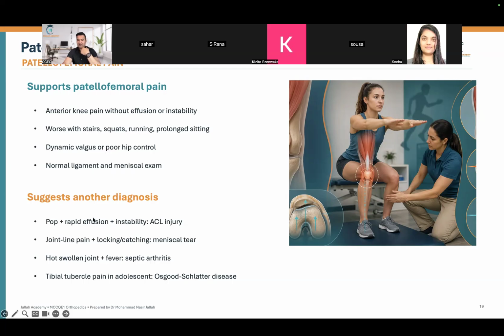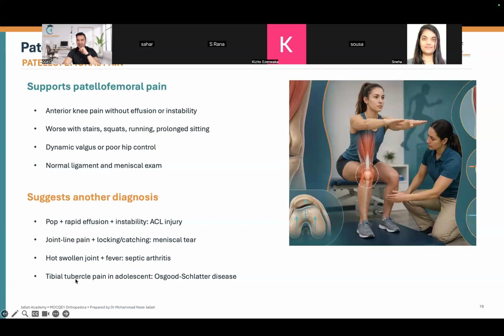Post-trauma, rapid effusion and instability is what? Anterior cruciate ligament. Joint line pain is specific for what? Meniscus. So joint line pain, locking, catching: meniscal tear. Hot swollen joint, fever: septic arthritis. Tibial tubercle pain in adolescent: Osgood-Schlatter disease.